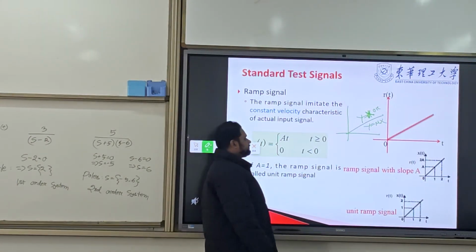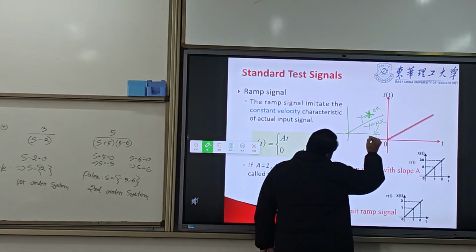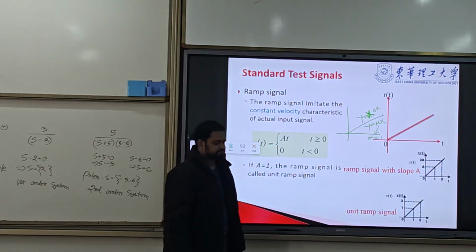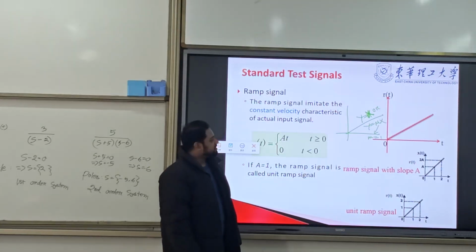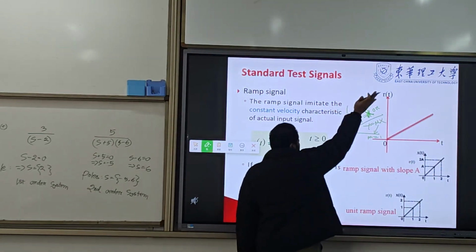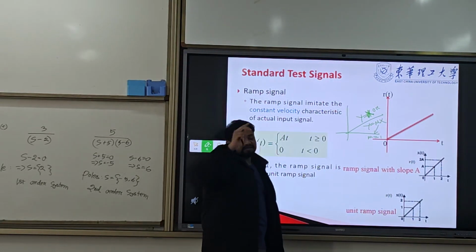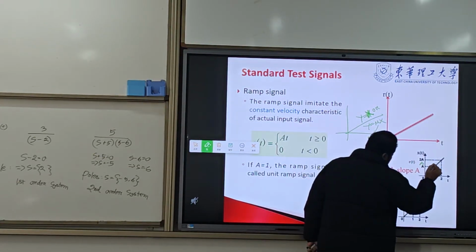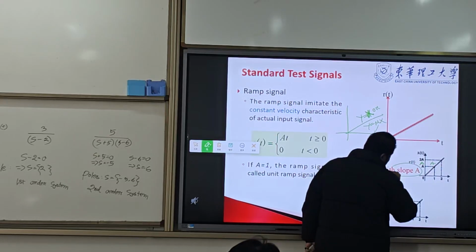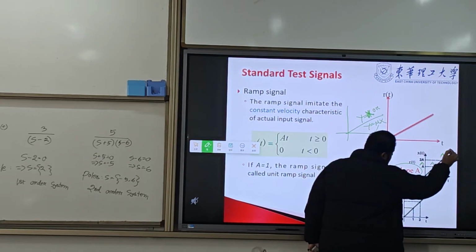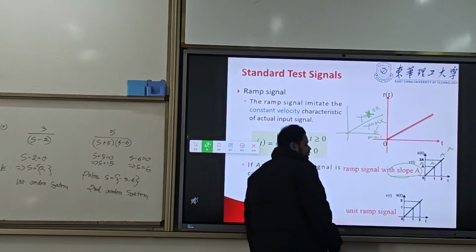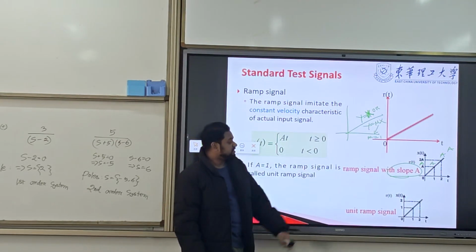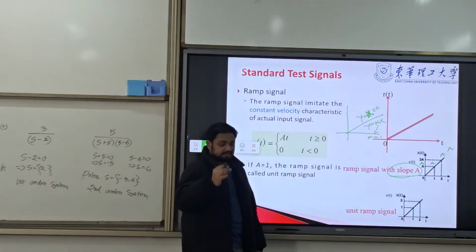If m is equal to 1, then we call it y equal to x. So what is this? It is a straight line with a constant slope a. It changes linearly. Ramp signal with slope a.